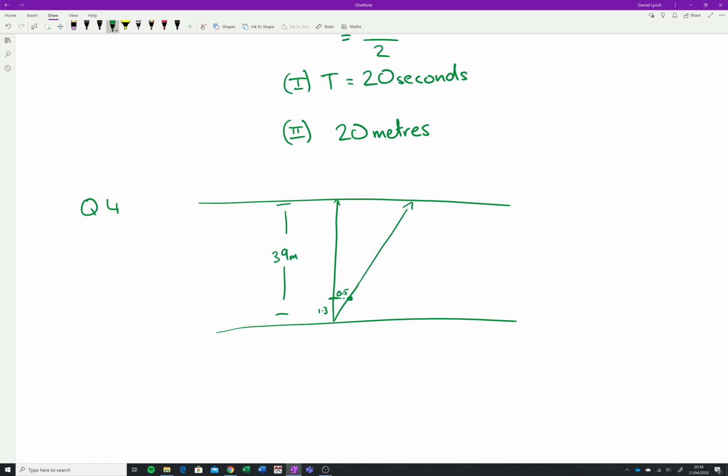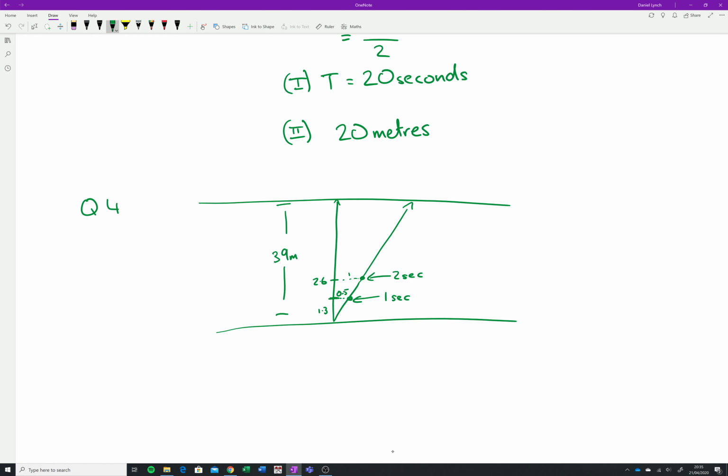So after 1 second, this is where we are. After 2 seconds, we will again go up a further 1.3 and we'll have moved out 0.5 again. So if we do a little notch on it, we're now at 2.6 and we've been swept across 1. So you just think of it like that.